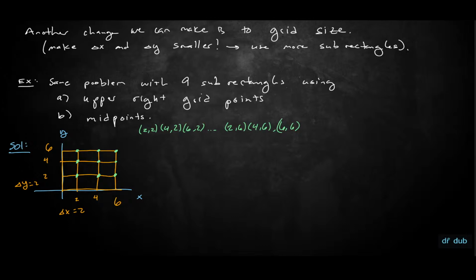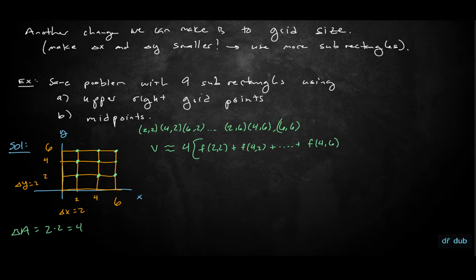So the volume would be approximately, let's see, what's delta A? Delta A is going to be 2 times 2, which is 4. So it'd be 4 times f of (2, 2) plus f of (4, 2) plus dot, dot, dot, f of (4, 6) plus f of (6, 6).